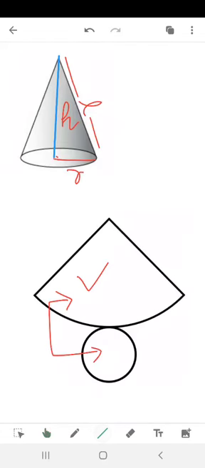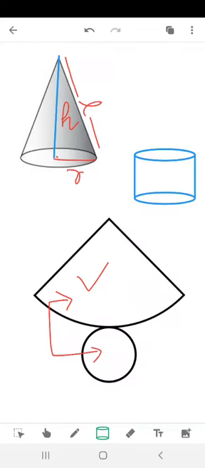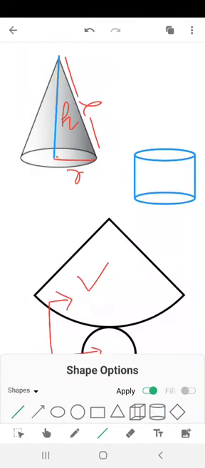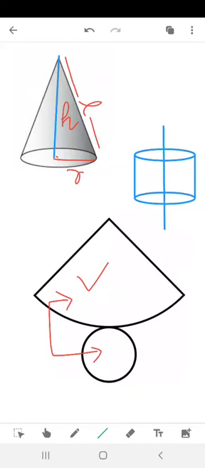were talking about cylinders, so look at the cylinder and make an axis. So this is the axis. So basically in a cylinder, this is also h and this is also h, so they are both the same.